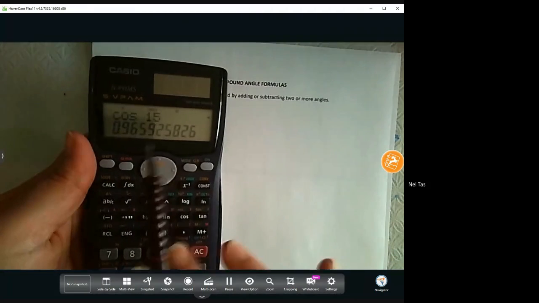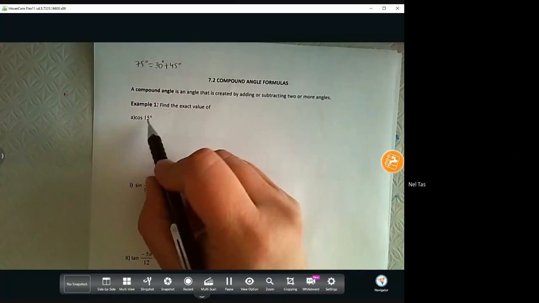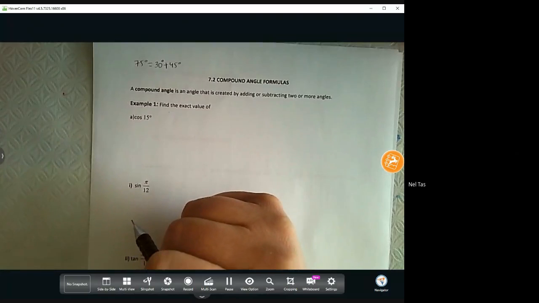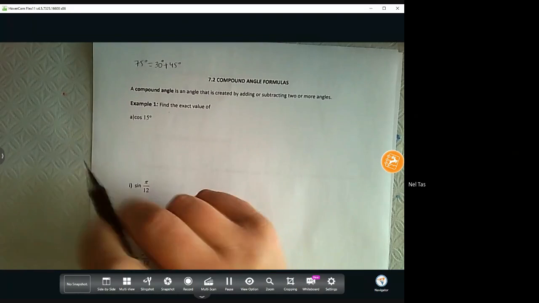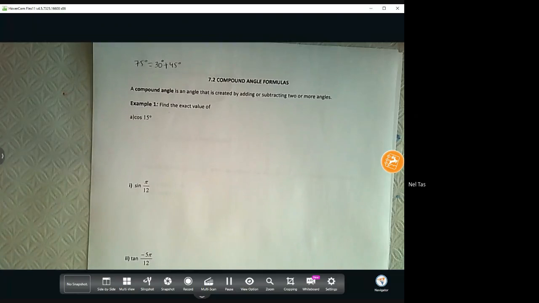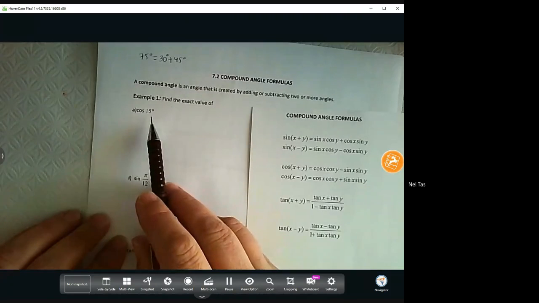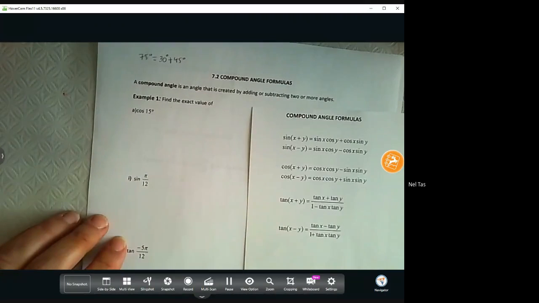But if we can write 15 as a combination of two other special angles, then we can use our formulas and get the exact answer for cosine 15. That's what we will try to do now.